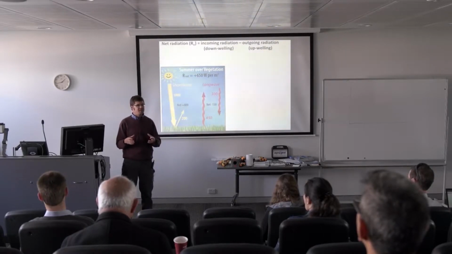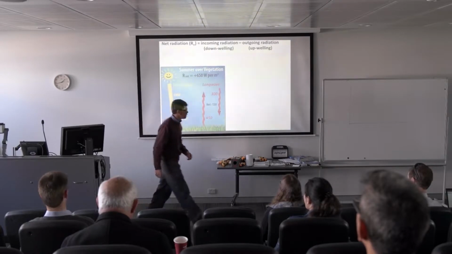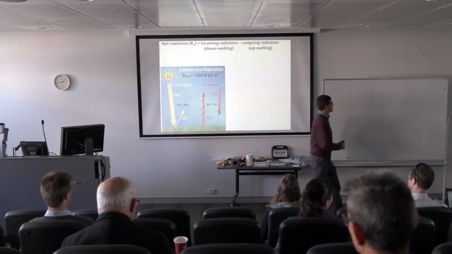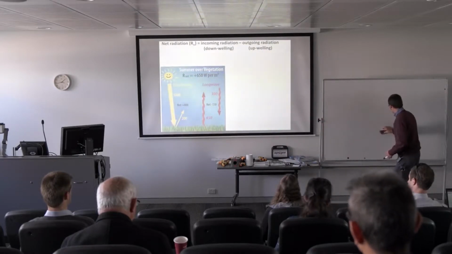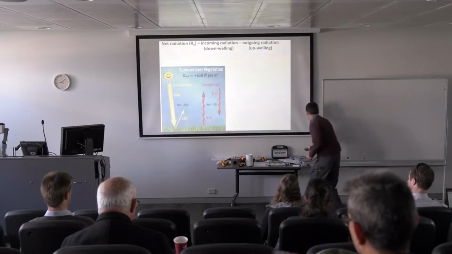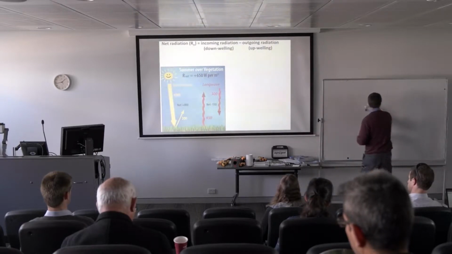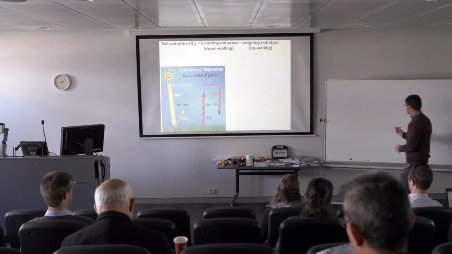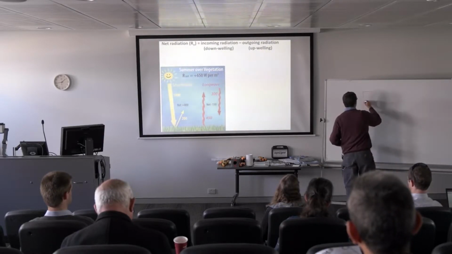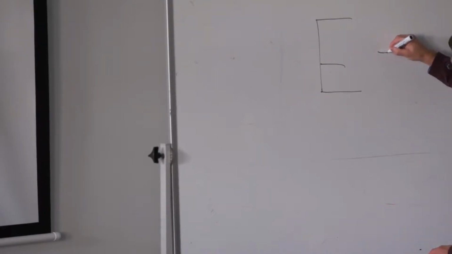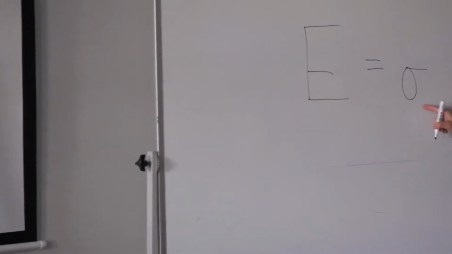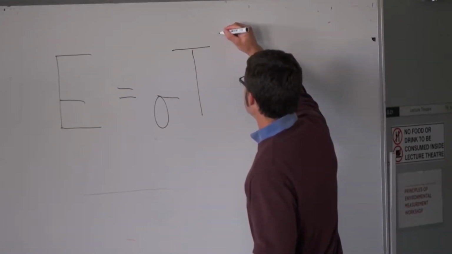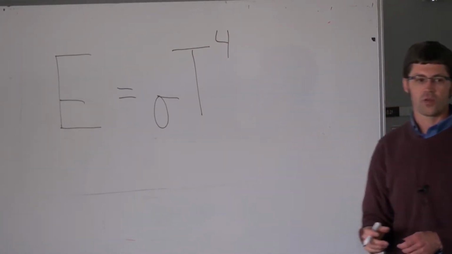And we put that temperature in the Stefan-Boltzmann equation. And let me just write that over here on the board. It was in an earlier slide, but just to remind everyone. So energy is equal to a constant that we use as sigma times the absolute temperature raised to the 4th power.